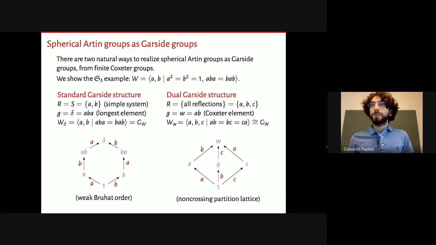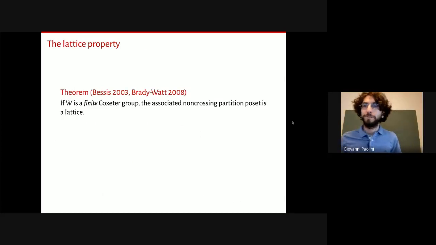And so what happens is that you can try to do this construction here. And now a Coxeter element is always defined for any Coxeter group. So at least there is hope for generalization to arbitrary Coxeter groups. And what you can prove, at least for finite Coxeter groups, is that the interval that you construct in this way, which is called non-crossing partition poset, is in fact a lattice.